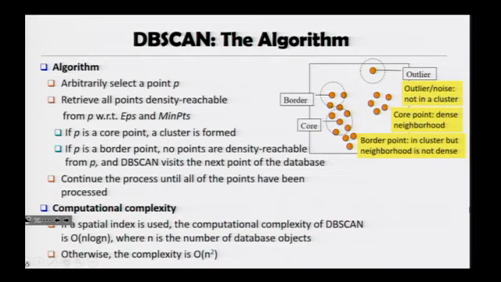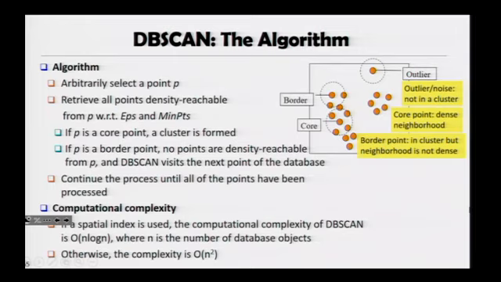As we just talked about, if this point P is a core point, a cluster will be formed, and starting from this core point P, using the retrieval process to get other points that are density reachable from P, you can group this cluster into a bigger structure.